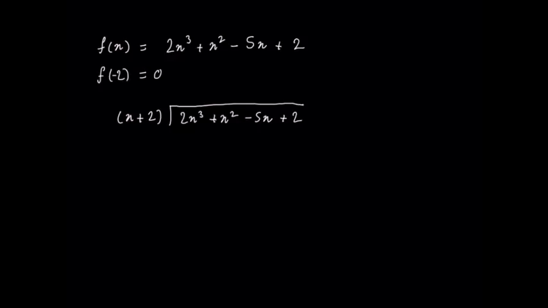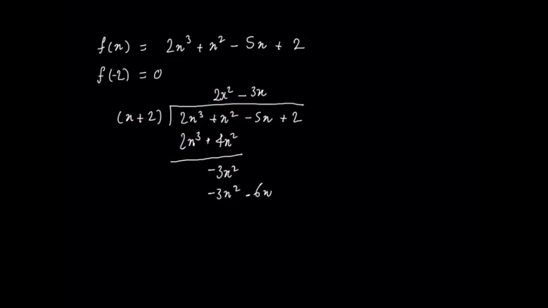We know that f of negative 2 is equal to 0, so we can go about a long division again. x into 2x cubed is going to be 2x squared. When we multiply that out, we'll get 2x cubed plus 4x squared. Then we'll have minus 3x squared. x into minus 3x squared is going to be minus 3x, multiply out minus 3x squared and minus 6x.